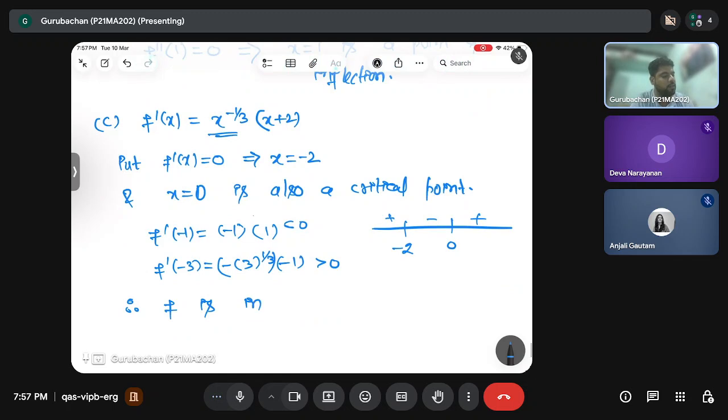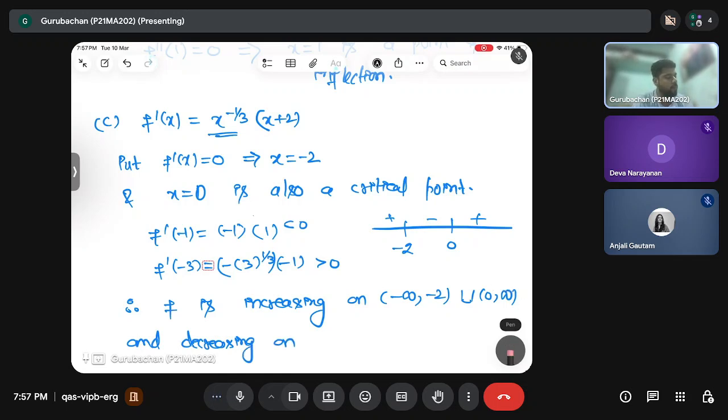f is increasing on minus infinity to minus 2, 0 to infinity, and decreasing on minus 2 to 0.